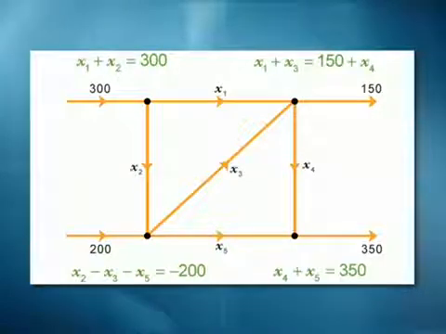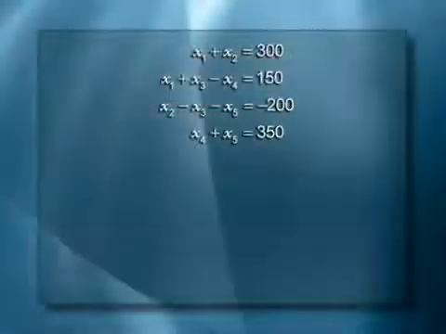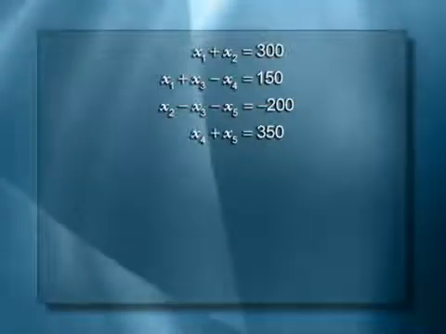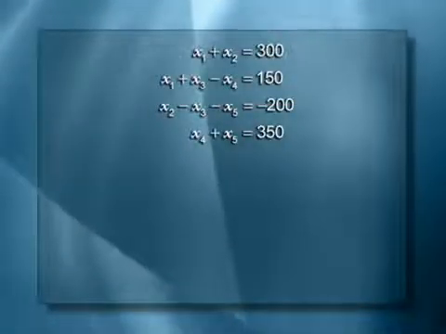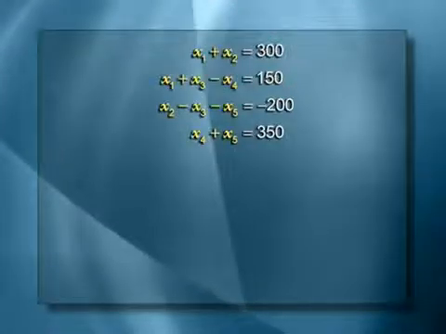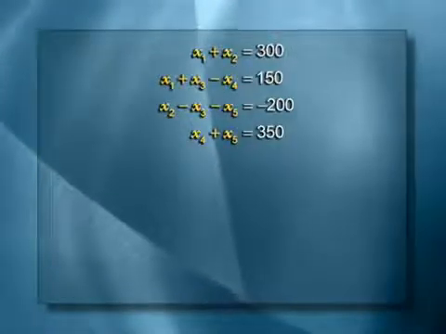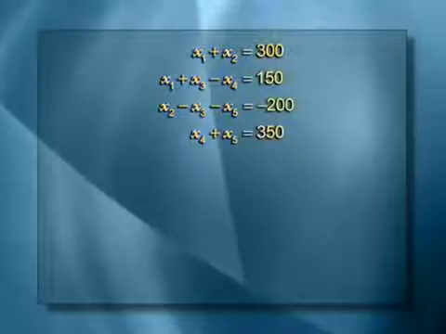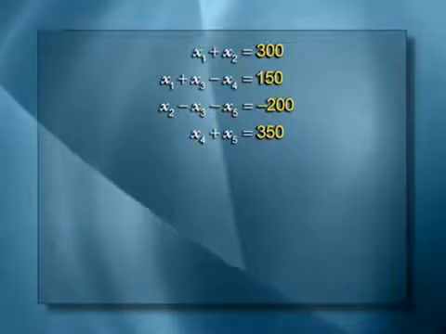And we can set up a system of linear equations that represent these flow patterns. Here's the system of linear equations. There are 4 of them because there were 4 corners, and they involve 5 variables, don't they? x1 through x5. And then they have a right-hand side, those numbers.